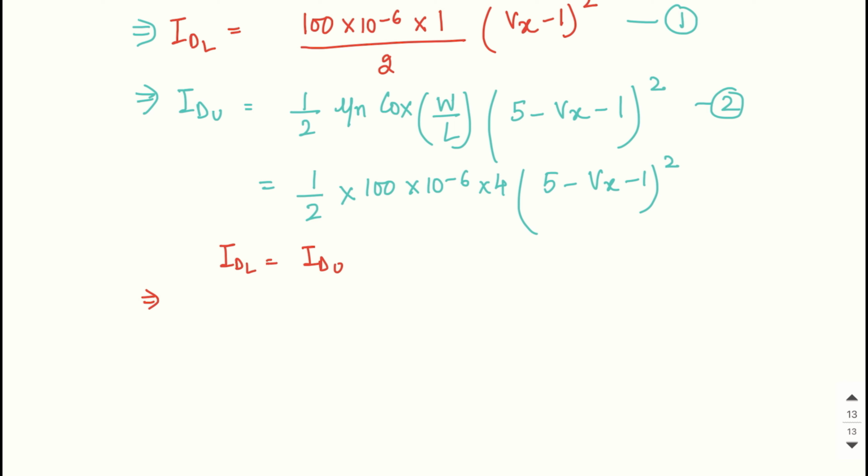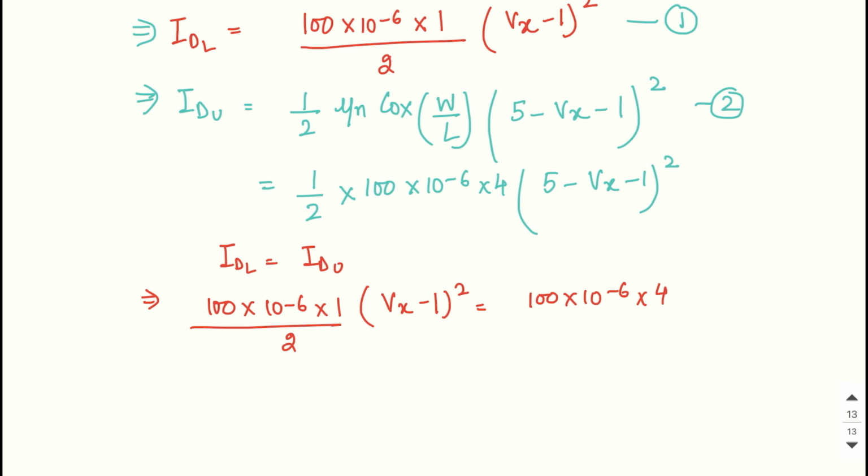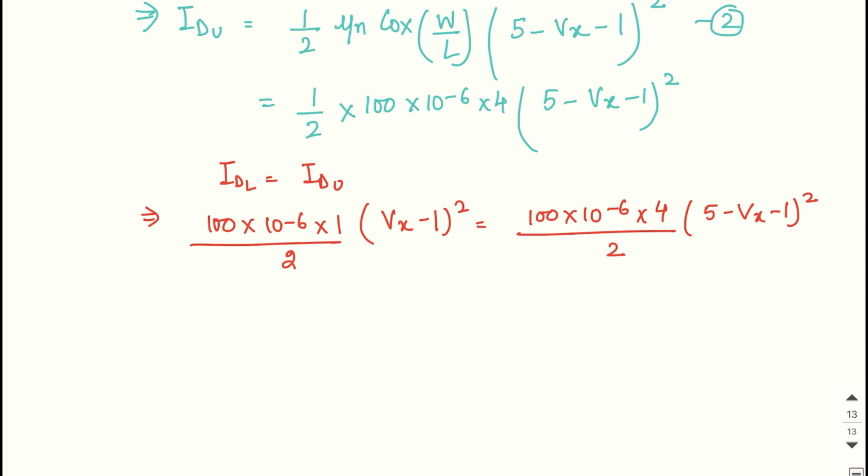Hence 100 into 10 power minus 6 into 1 divided by 2, Vx minus 1 whole square is equal to 100 into 10 power minus 6 into 4 divided by 2, 5 minus Vx minus 1 whole square. Now you can see you have an equation. Just solve it to find the value of Vx.